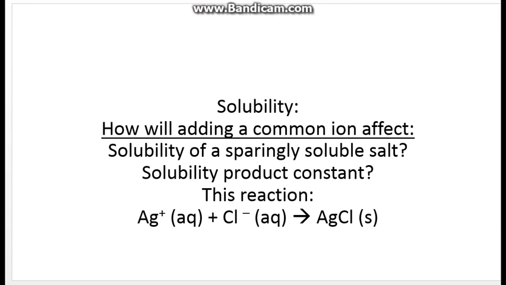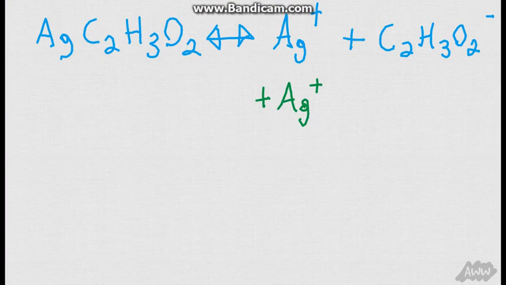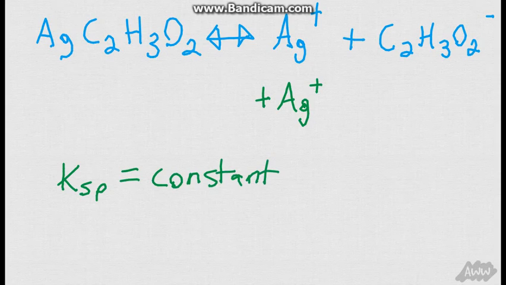Now for the second part, how will it affect the solubility product constant? Now remember by definition that the solubility product constant is a constant. So it's not going to change regardless of if you change the concentration.